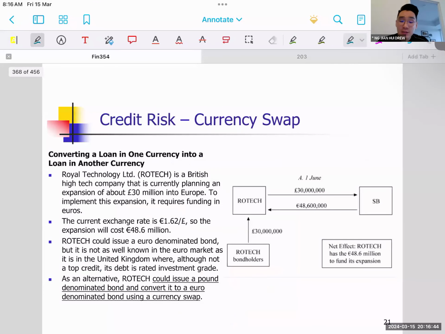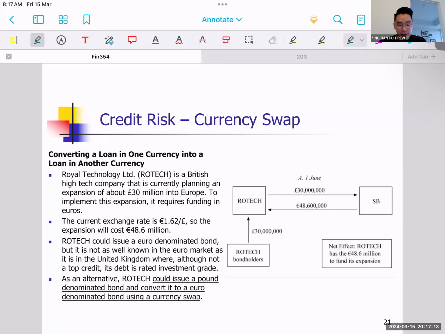We can do a currency swap as well. A currency swap is quite common in the sense that most of the time, whenever we buy a diversified portfolio of assets, we have assets coming from different jurisdictions, different countries. And so we might need to do some kind of currency swap to reduce our currency risk.